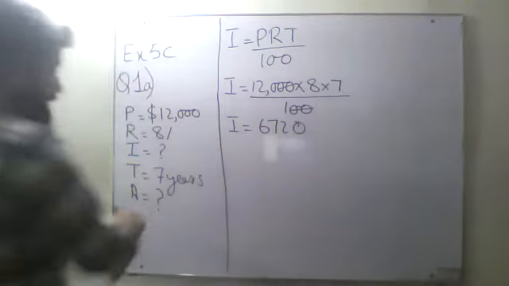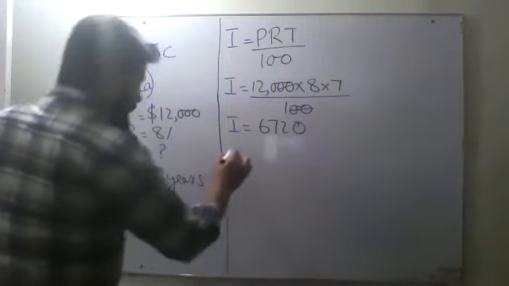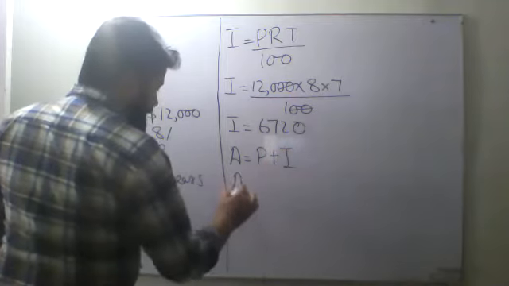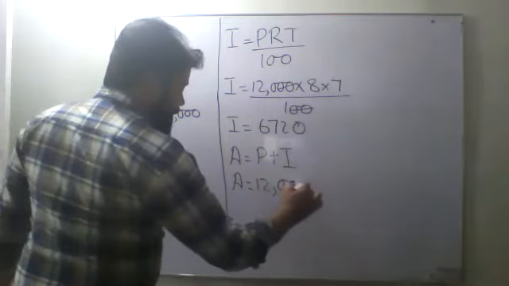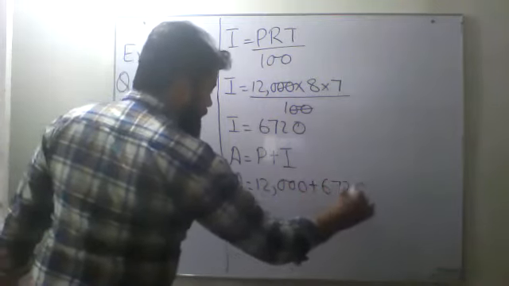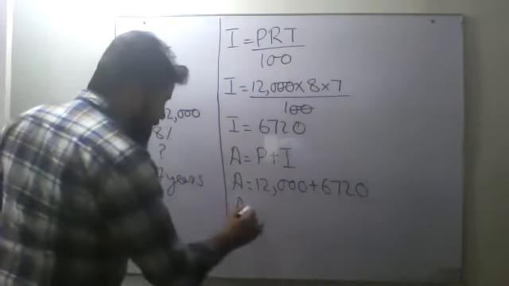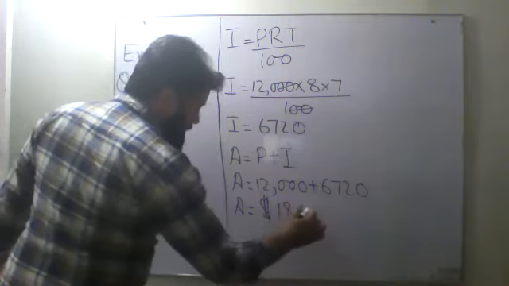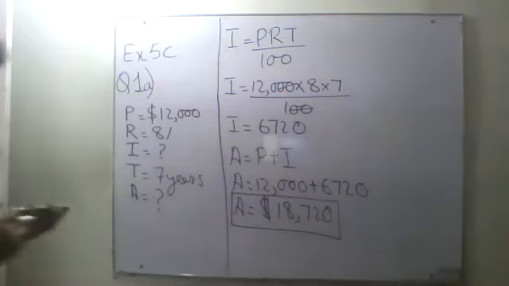Then they are saying that I have to find amount, I have to find A. So A equals P plus I. What is P? 12,000. What is I? 6720. So when I finalize it, my final answer of amount is $18,720. That is going to be your final answer.